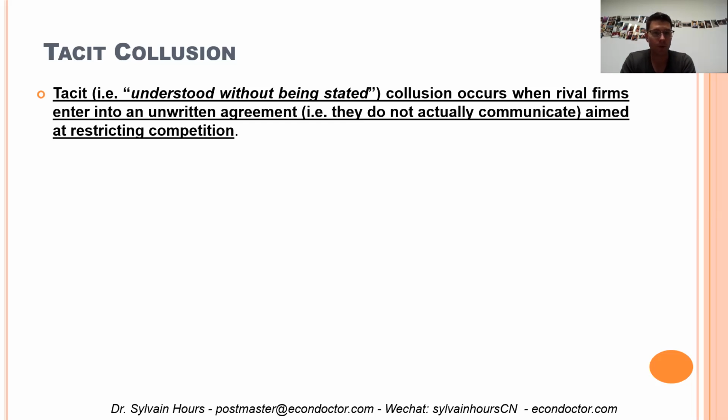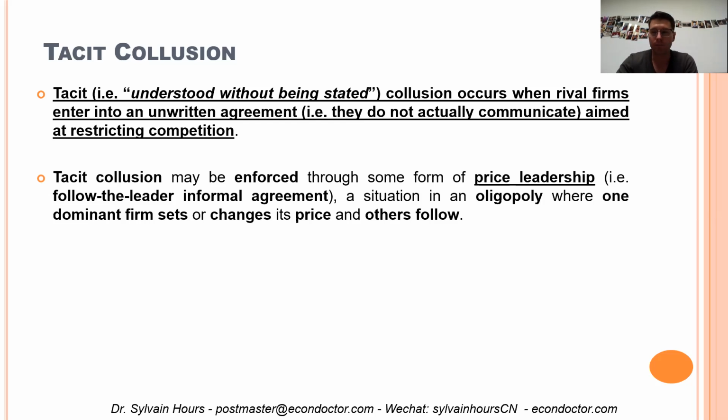So what you have to understand is that in tacit collusion, firms are going to use market signals like price signals to communicate and to make their intentions understood by their competitors. Okay, so there are two main things that your students need to know about how they can actually coordinate.